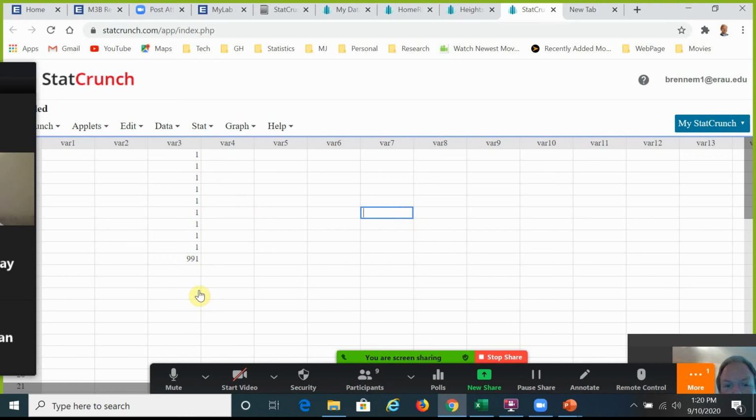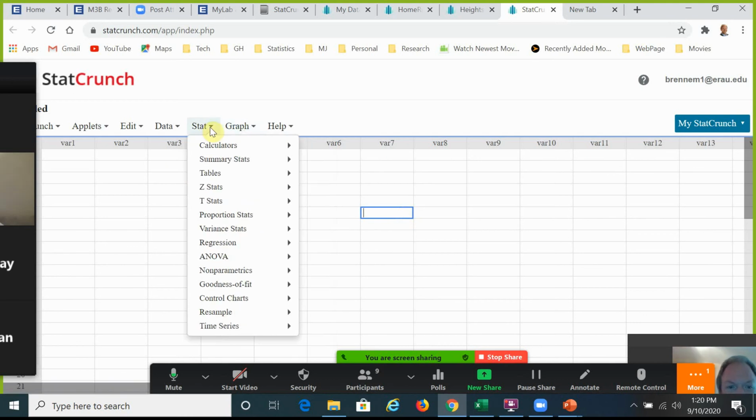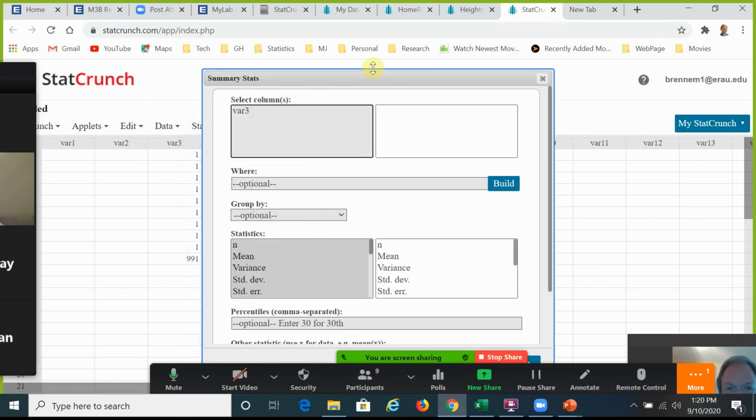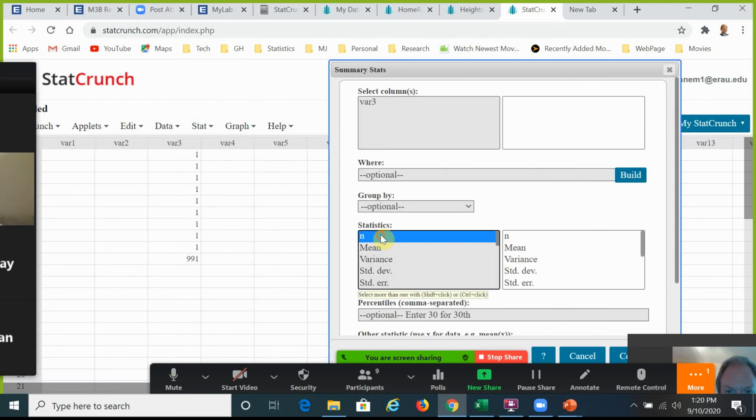Now let's look at these 3 ways of doing the spread. I'm going to look at the standard deviation, the range, and the IQR.